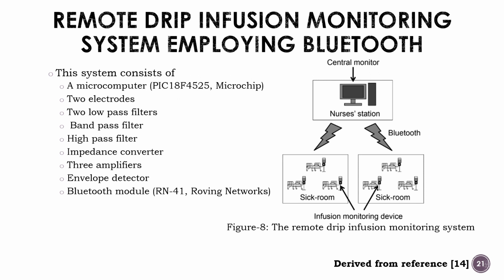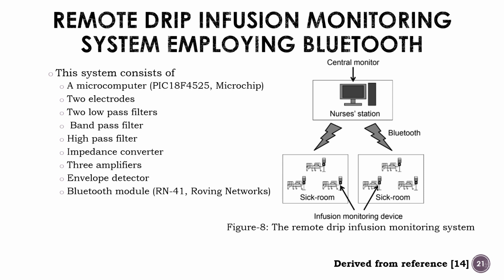These data are sent to the central monitor. The central monitor receives data from several infusion monitoring devices. These data are visually represented on the central monitor. As a result, the developed system can intensively monitor the infusion status of multiple patients at the nurse's station.